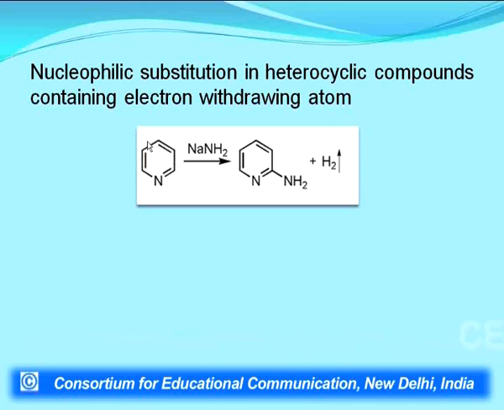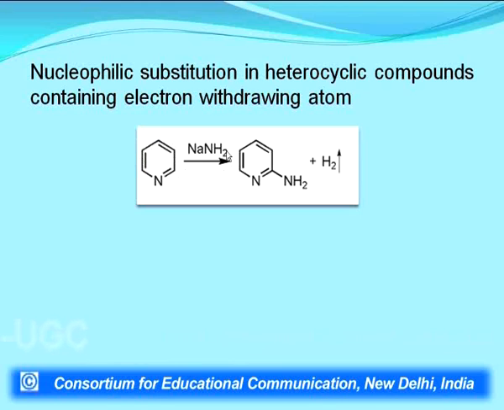So, the electron cloud over the ring is not equally distributed as was the case with benzene. Now, due to the electronegativity of this nitrogen, electron density is more near the nitrogen and electron density is less on the ring, the remaining carbon atoms.